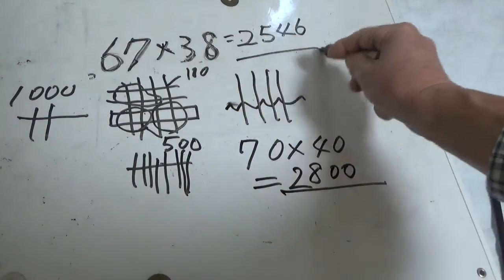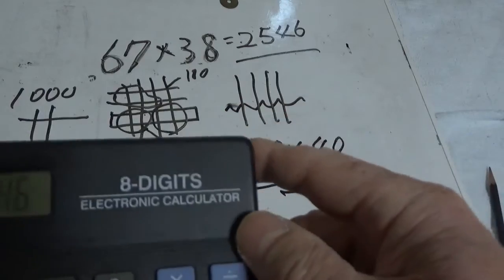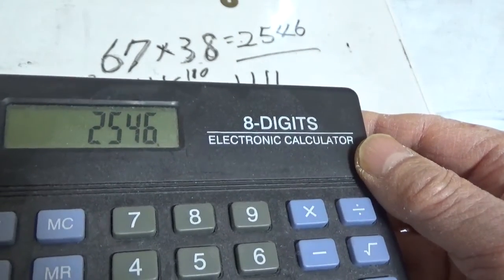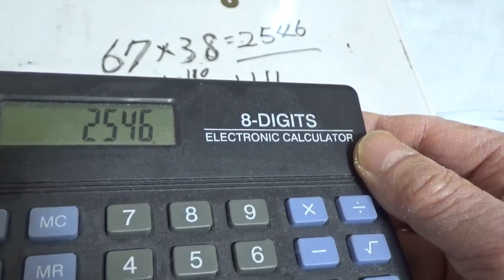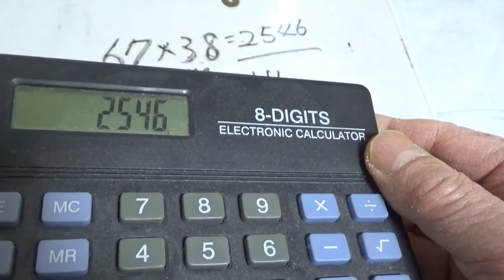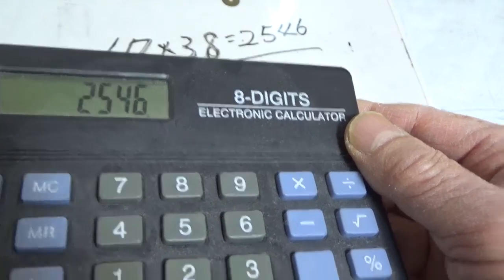So you can calculate the approximate value of a multiplication, and then you can make certain that the calculated value is not so different from the roughly estimated multiplication value.